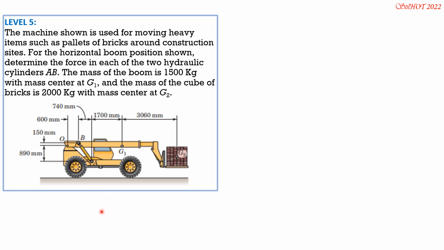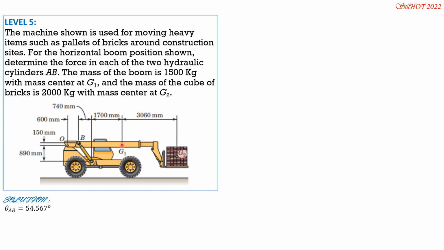Take note there are two cylinders because this is 3D. So theta AB is arctan of 150 plus 890 vertical. 150 mm plus 890, use your calculator, over 740. So it is 54.567 degrees.